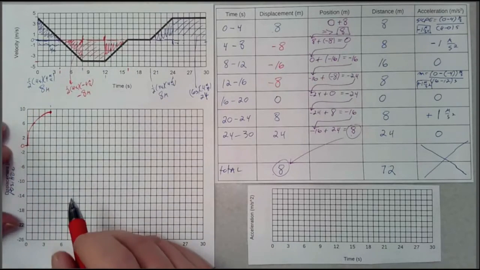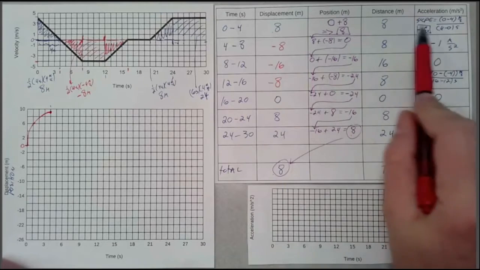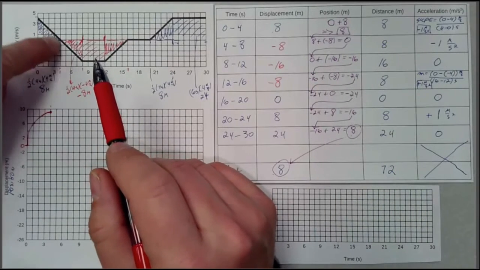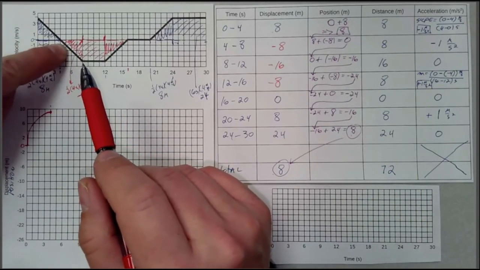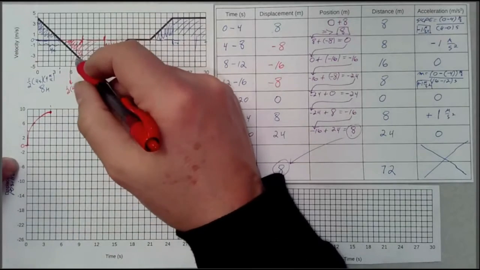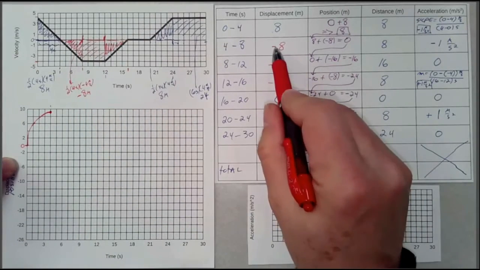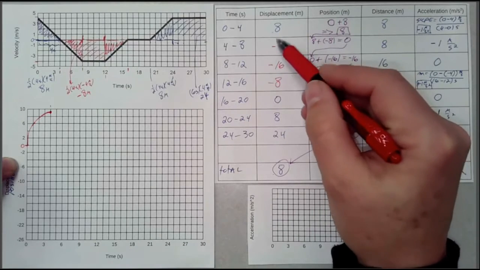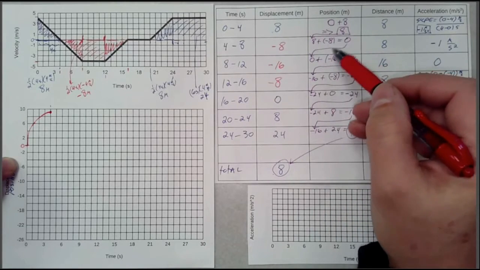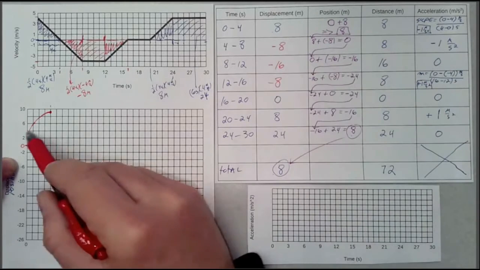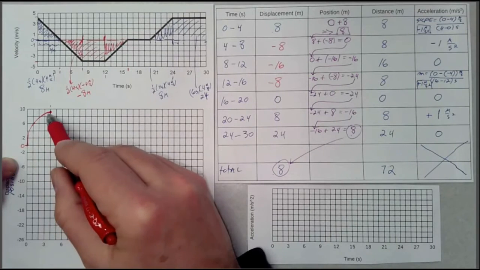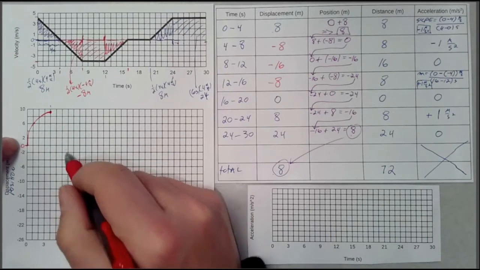All right. Next. It continues with the same rate of acceleration, -1. But at the end of 8 seconds, because the next displacement's -8, its location is going to be 0, right? It went up to 8, then it comes back down. It has a positive displacement of 8, then a negative displacement of 8.